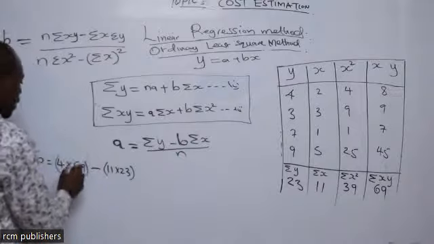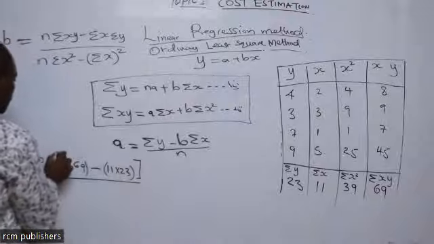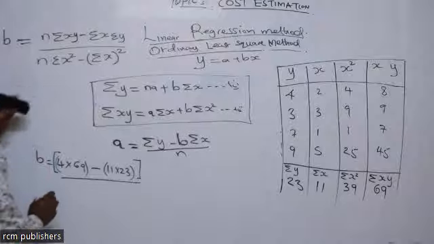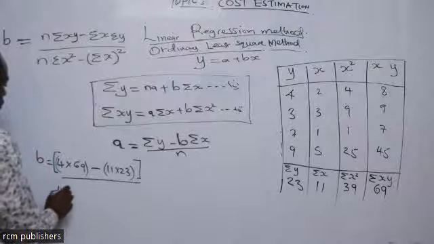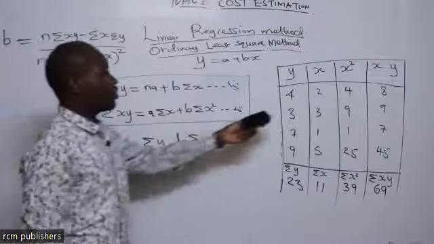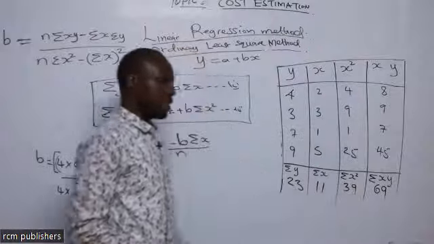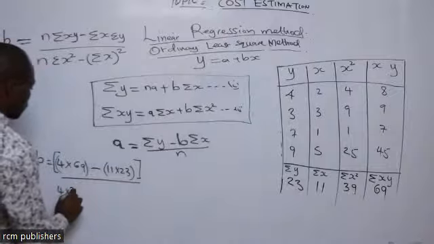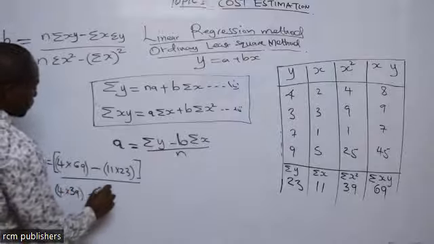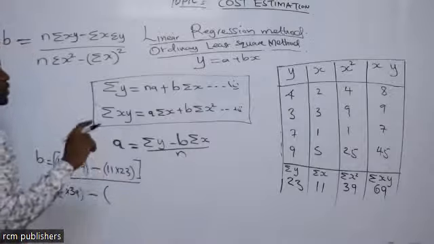What we get up there, the whole of that will be divided by n, which is 4, multiplied by summation of x squared. We now come to this column of x squared. The total is 39. We multiply by 4. Then minus summation of x, squared.